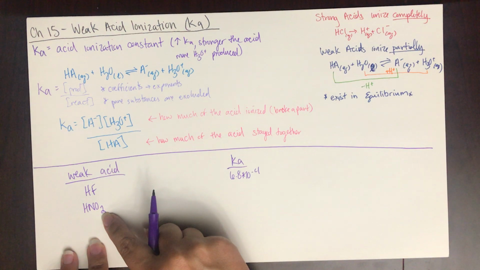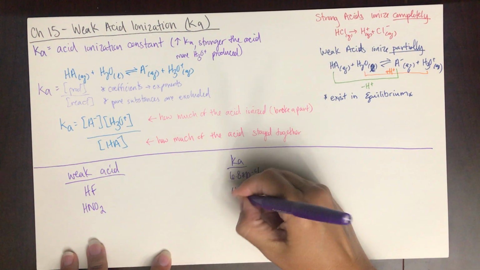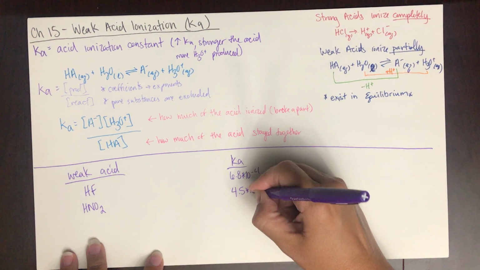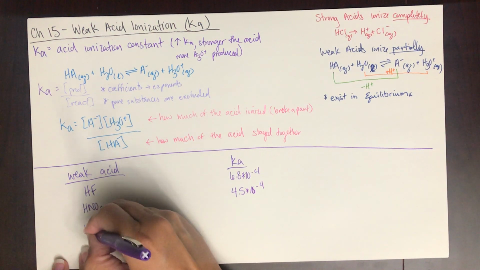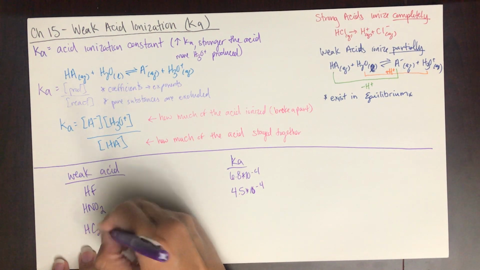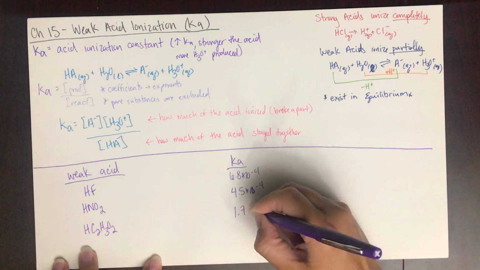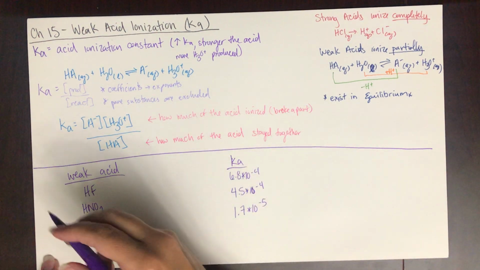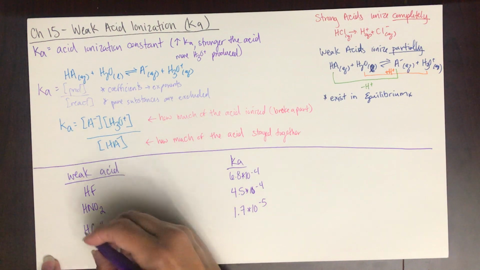HNO3 is nitric acid. HNO2 is nitrous acid. There's a difference. 4.5 times 10 to the negative 4. Acetic acid. And cyanic acid.